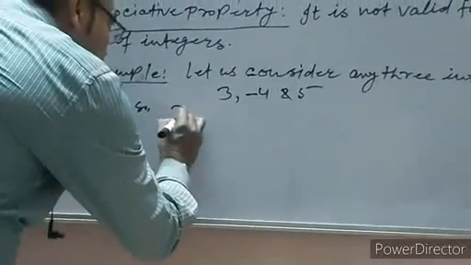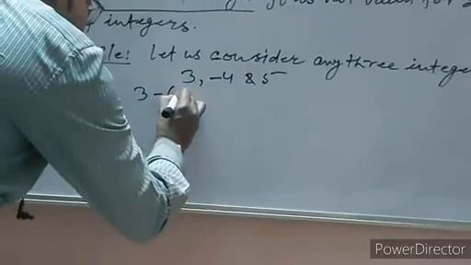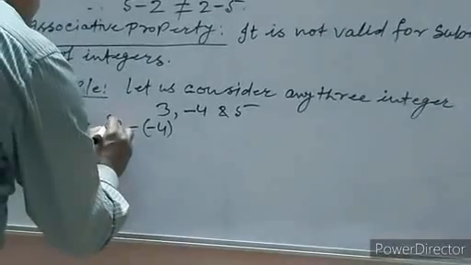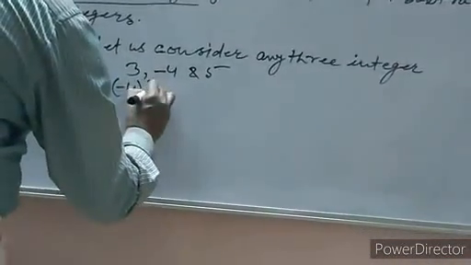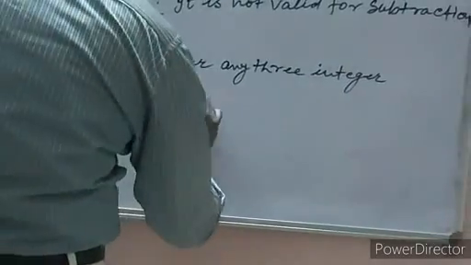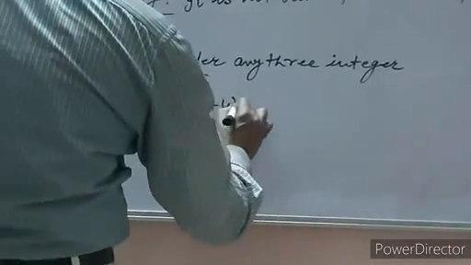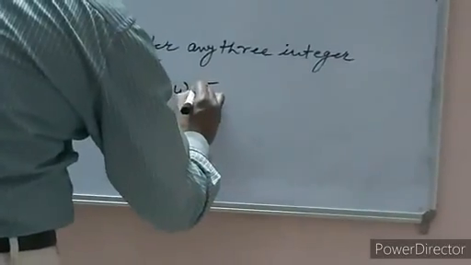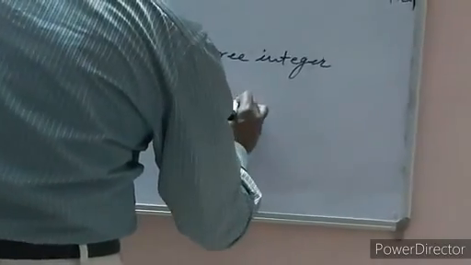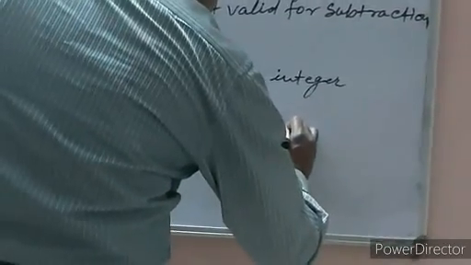So 3 minus 4 minus 5 equal to 3 plus 4 minus 5. That will be 3 plus 4, 7, 7 minus 5 equal to 2.